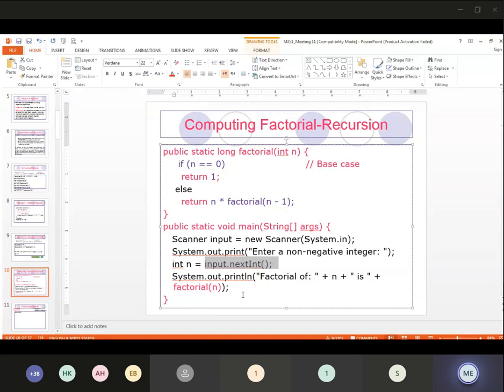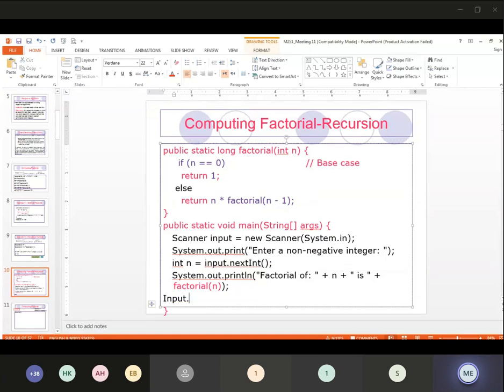So what is missing here? I have to say input.close. مظبوط ولا لا؟ To close الستريم بتاعنا. فاكرين؟ تمام. Input.close, and finally first الأول I'm going to invoke the method factorial and done.